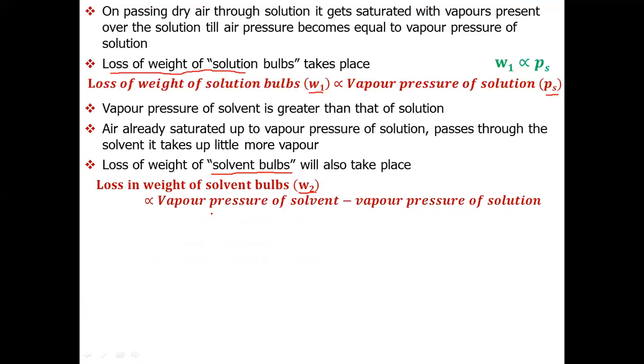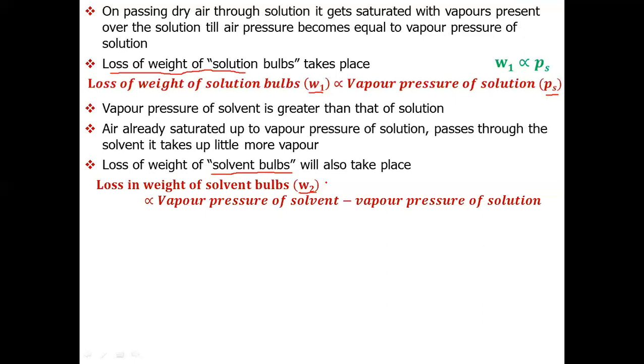Please try to imagine we passed dry air first through the solution. It absorbed some vapors until the vapor pressure of the vapors becomes equal to the pressure of air. So that weight loss of bulbs was proportional to the vapor pressure of the solution.